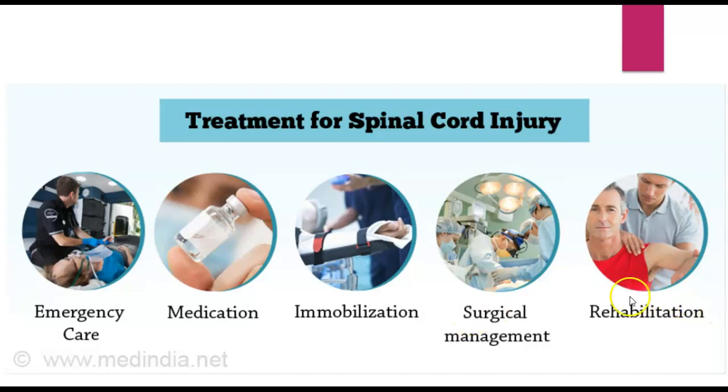In rehab, they'll do fitting for any special assistive devices such as a wheelchair. They'll assess home needs, and patients are in a very extensive rehab period. And don't forget they'll have some type of bowel and bladder training as part of their care as well.